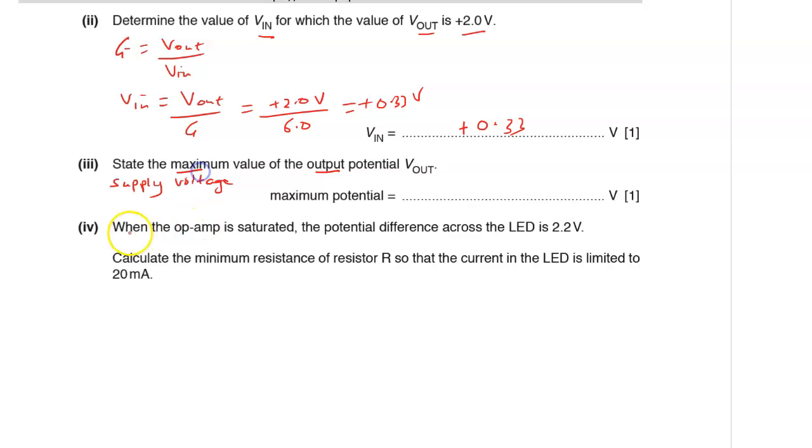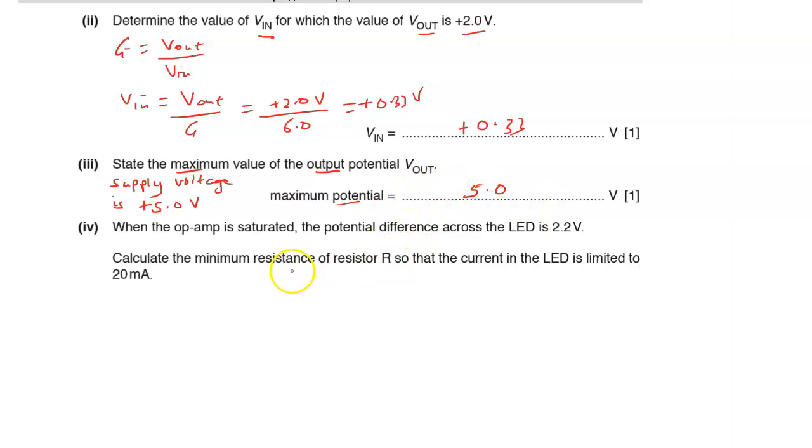So we're talking about the maximum. The maximum here is plus 5.0 volts, and the minimum will be minus 5 volts.